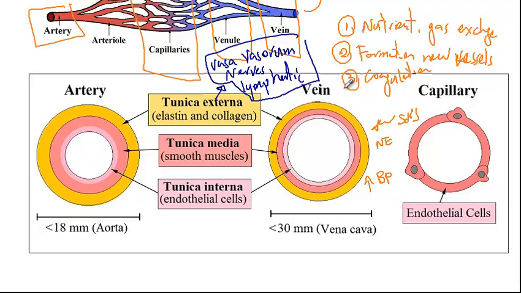Is it stored in the heart? Is it stored in the spleen? The answer is most of it is being stored in the veins because they have a lot of capacity to stretch and hold a great volume of blood. And here I have shown you that vena cava, for instance, is a little less than 3 centimeters versus aorta that is less than 18 millimeters in diameter.